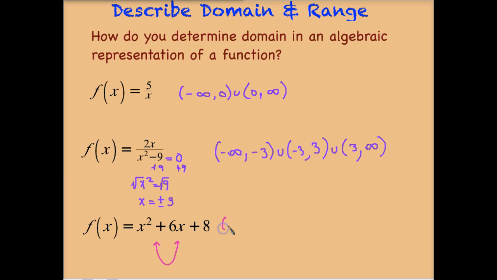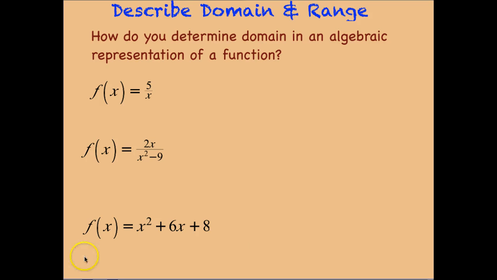So in this case, we have no restrictions on our domain. We go from negative infinity to positive infinity, or we can write it as all real numbers. Our range would be a different story if in fact we had to calculate our range. We would need to know this vertex to determine our lowest point.